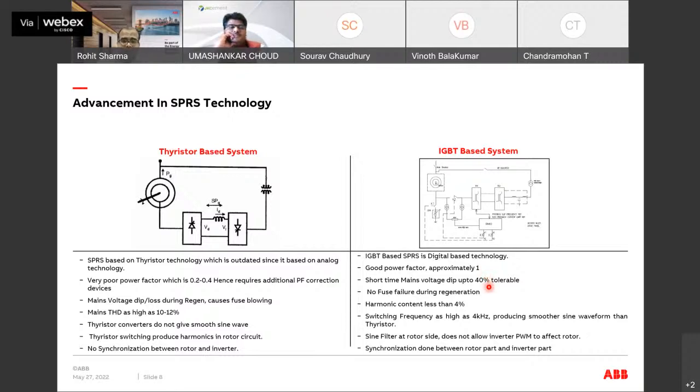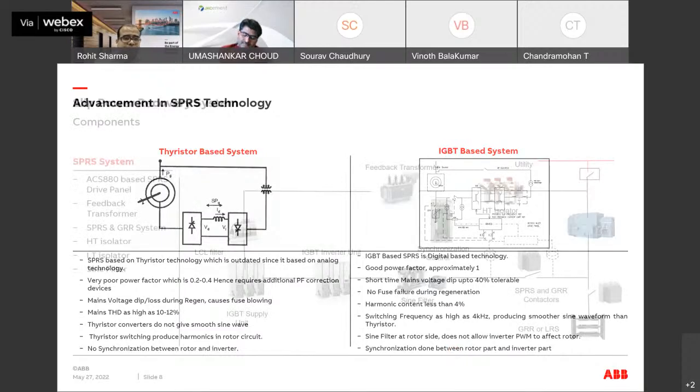It reduces the voltage dips, avoids the failures, and maintains almost unity power factor with 4% harmonics. Due to IGBT's added advantage, it maintains a smoother sine wave in comparison to the thyristor based system. And with the addition of the digital synchronization unit, there is less failure, almost 0% failure, from the rotor side to the inverter side. So this is the difference or advancement of the SPRS technology.